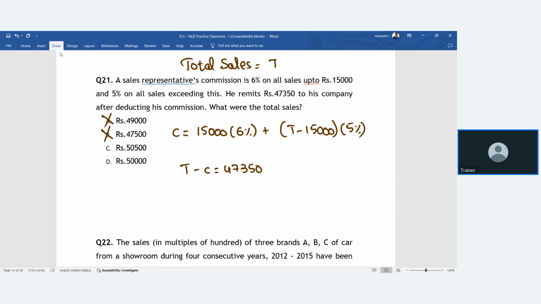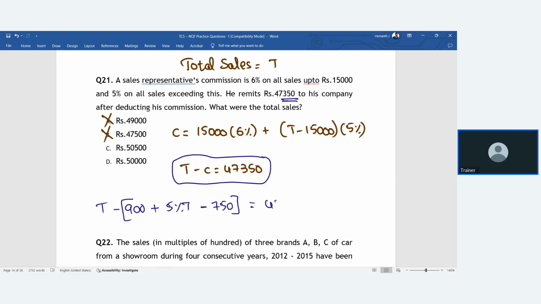T minus C, so what is this T minus C? He paid 47,350 to the company after taking commission. So T minus C: 6% of 15,000, where 1% is 150, means 900. Then 5% of T minus 15,000, where 1% is 150, 5% is 750.